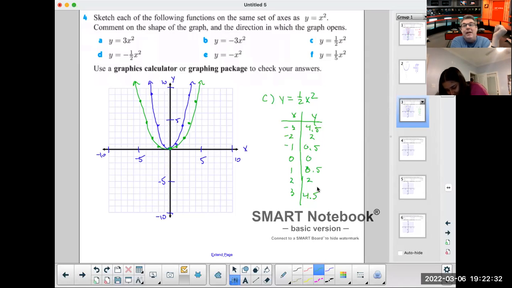Okay, so now we have -1/2 x squared, right? That means it would open down. Right, and then we say that this opens wider, or sometimes we'll say less steep than x squared.